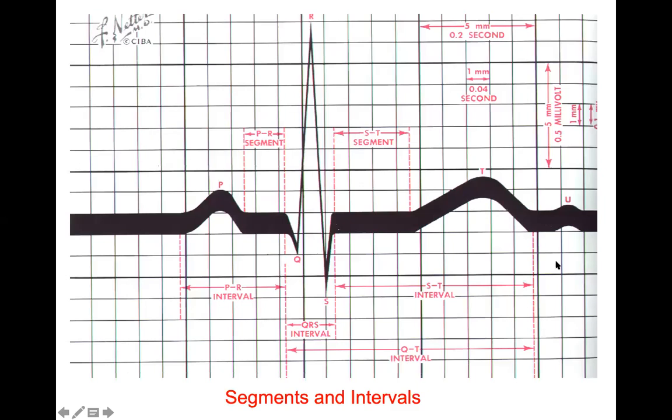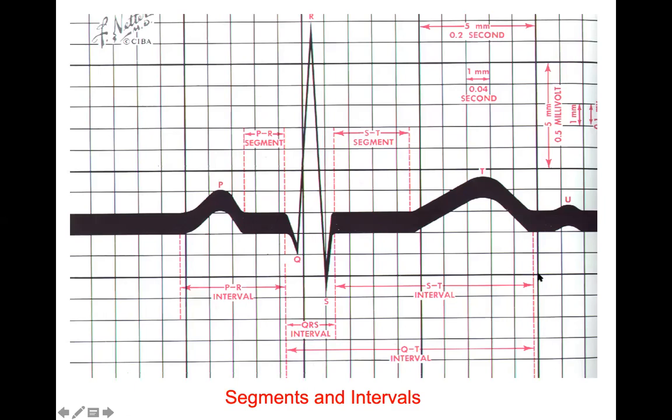So again, your ECG is composed of P, QRS, and T, and each wave has its own PR interval or segment. Your ST segment is also different from your ST interval, no? Your QRS interval is also different from your QT interval.